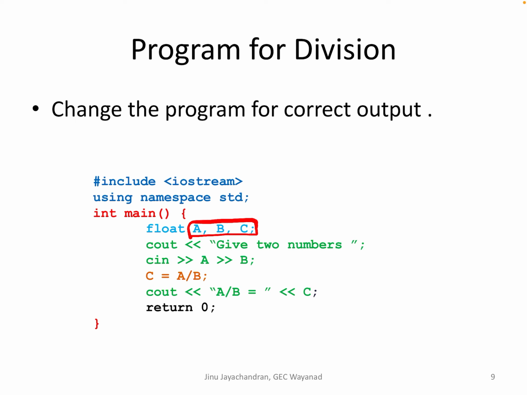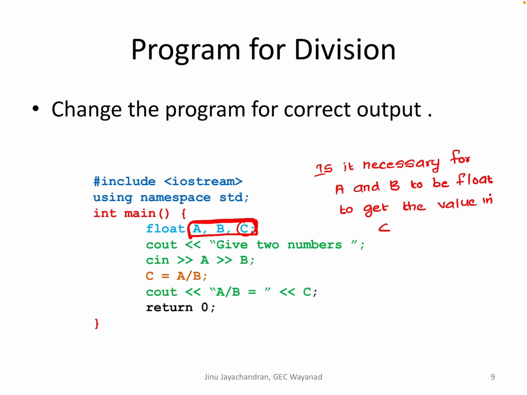So C should definitely be float. But is it necessary for A and B to be float to get the value in C with decimal places? That's a question.